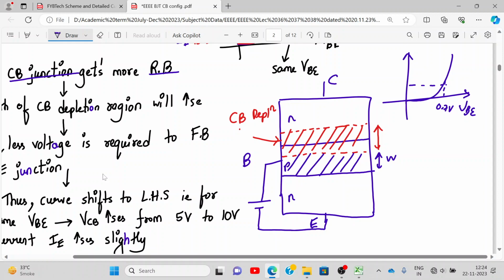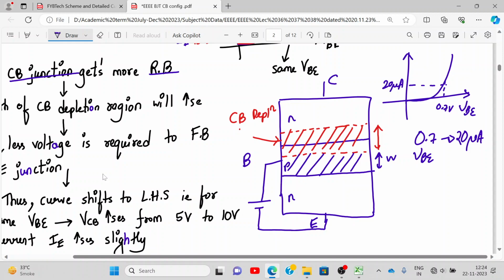At the same voltage, more carriers are flowing. So let's say here, for 0.7 volt VB, we were getting input current as how much? 20 microamperes.